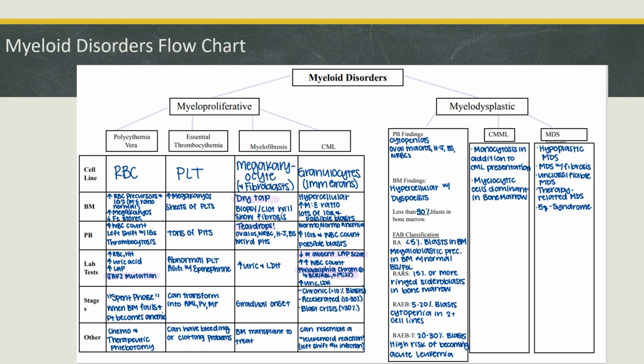But then the myelocytic cells dominate in the bone marrow. And then MDS variants are going to be hypoplastic MDS, myelodysplastic syndrome with fibrosis, unclassifiable MDS, therapy-related MDS, and then that 5q deletion syndrome on that long arm of chromosome 5.